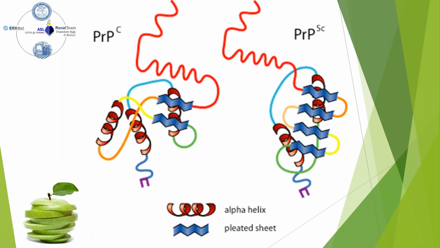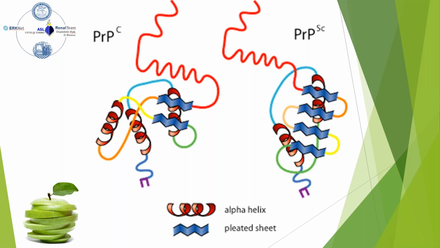The polypeptides that form the fibrils are characterized by a higher number of beta sheets than we observe in the native protein or in proteins not associated with amyloidosis. And the beta sheet sequences make these polypeptides more sticky.